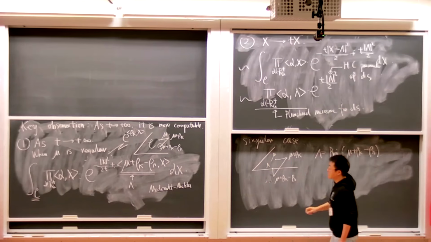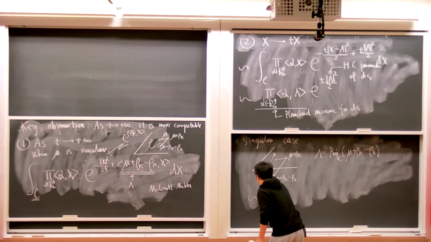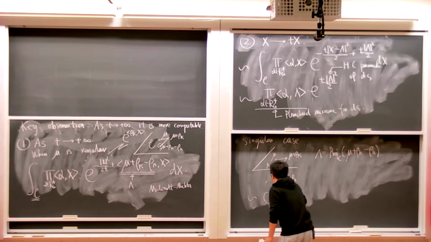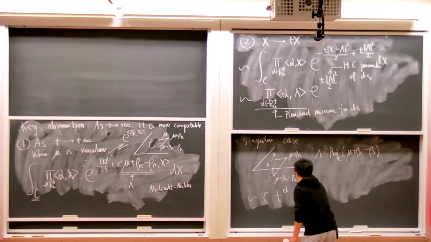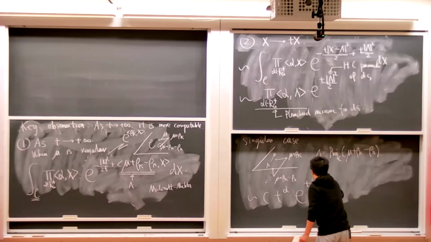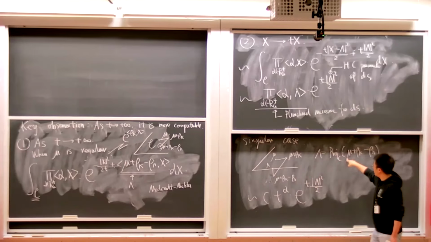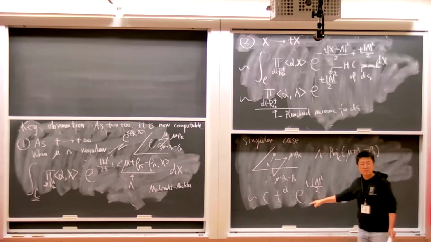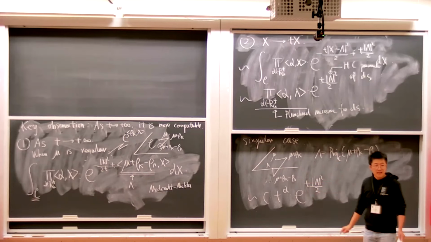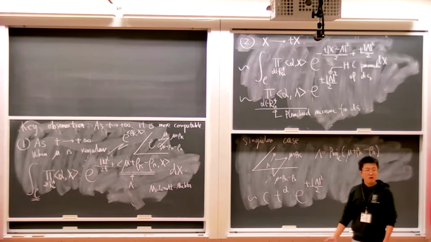So that's the integration. What do we get? Something like some constant times t to some power, times e to the power of t lambda squared over 2, but now lambda is given by the projection of mu plus rho k minus rho n. So in the singular case, this formula still works.